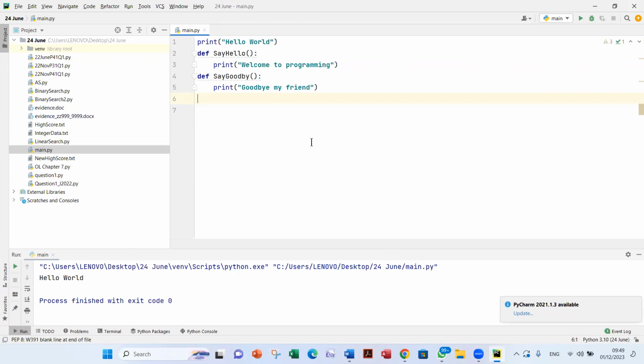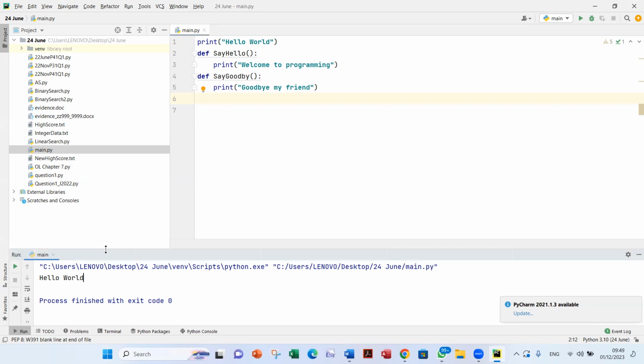Okay, let us run the program. Print hello world is performed and the output is hello world. However, none of these is performed. Why? Because we haven't called them yet. What is meant by calling them?